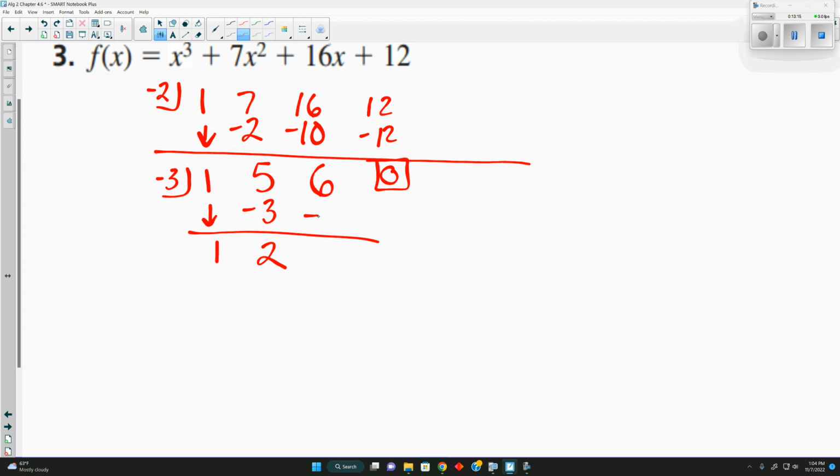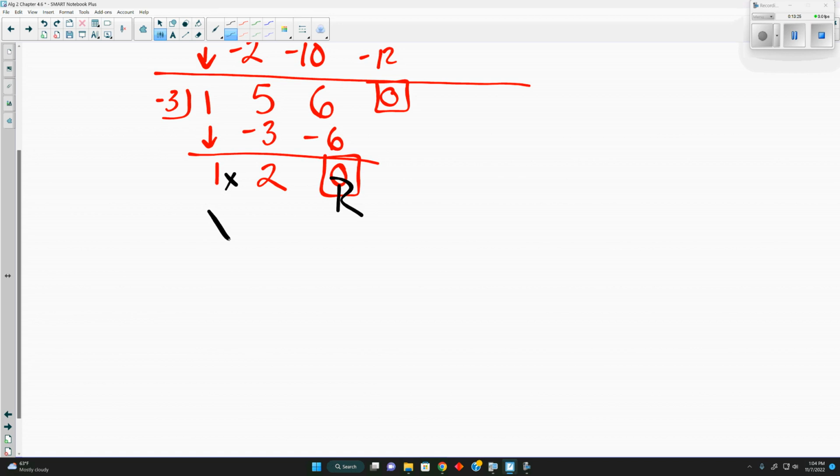Negative 3 times 2 is negative 6, which gives 0. Remainder, term without x, term with x. So we have x plus 2 is 0, yes? And we also have that negative 2 and negative 3.